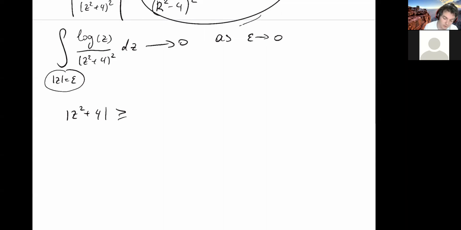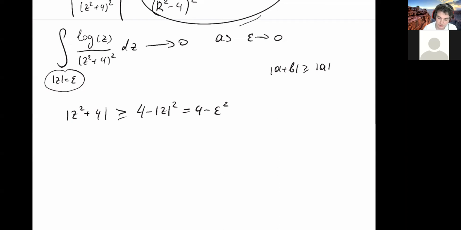And I always did this because z was huge. But now I will not. Now I will do this, and this is 4 minus epsilon square. Remember that we always have two choices.